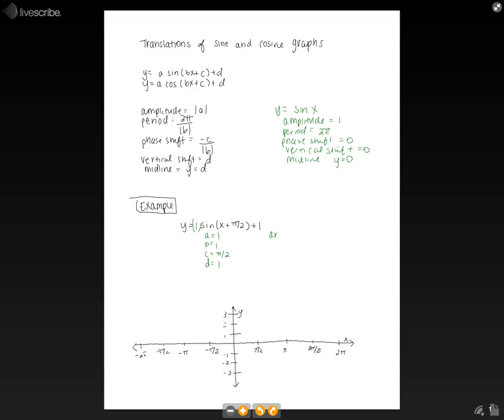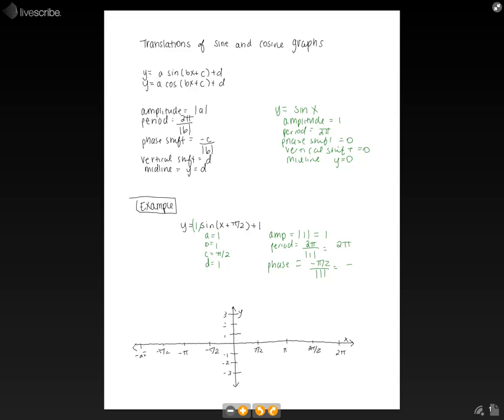So now we can find that our amplitude is equal to the absolute value of 1, which is 1. Our period is equal to 2 pi over the absolute value of b, which is 1, so that is also equal just to 2 pi. Our phase shift is equal to negative c, which is negative pi over 2, over the absolute value of b, which is 1.